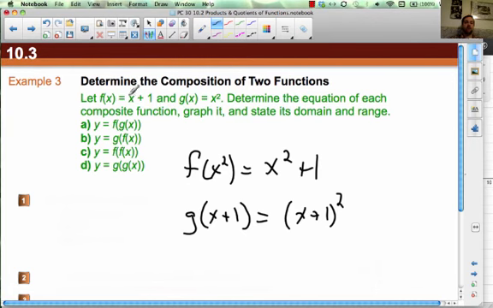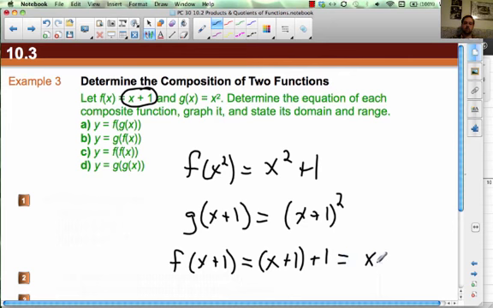So we take f of x and we plug it in for every x in f of x. So it becomes f of x plus 1. So wherever we had an x here, we replace it with an x plus 1. So this becomes x plus 1, where we used to have just an x, and then plus 1, which of course simplifies to x plus 2.